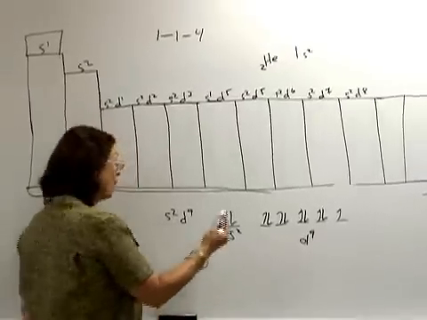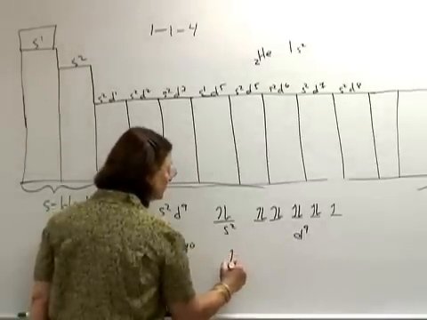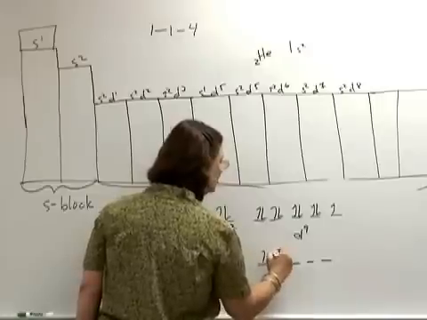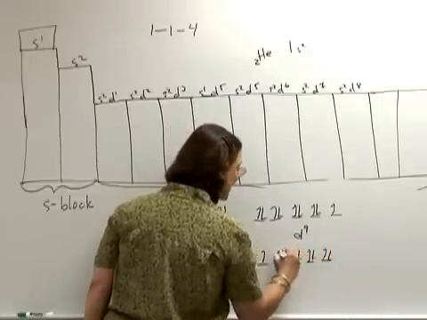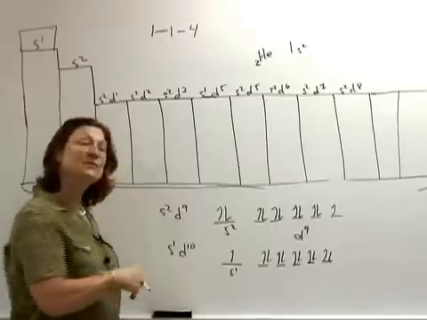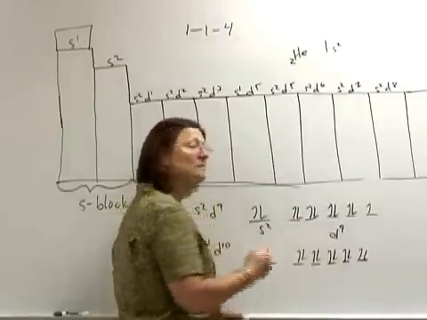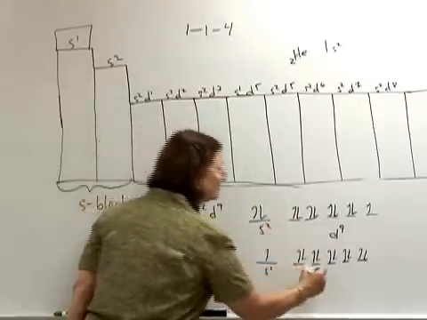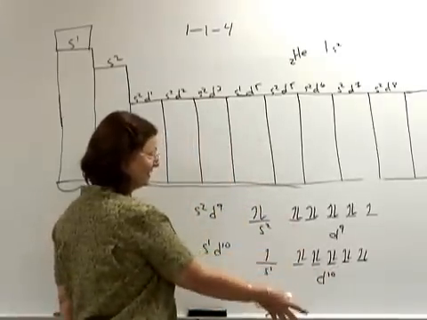S2D9. Well, when we compare it to S1D10, we see that it looks like this. 1, 2, 3, 4, 5, 6, 7, 8, 9, 10. In this way, the d orbitals are all spinning in opposite directions, which makes it very balanced. And the s and the d orbitals are like different houses, and they're completely different.